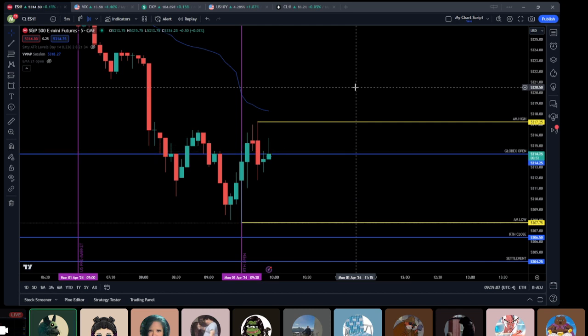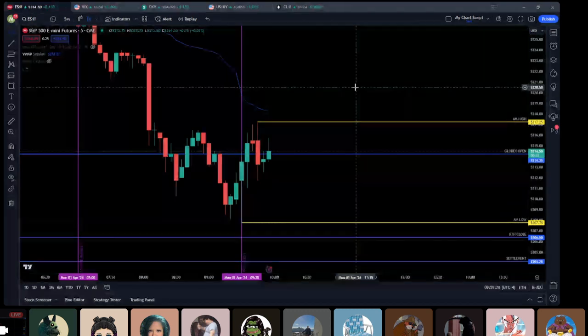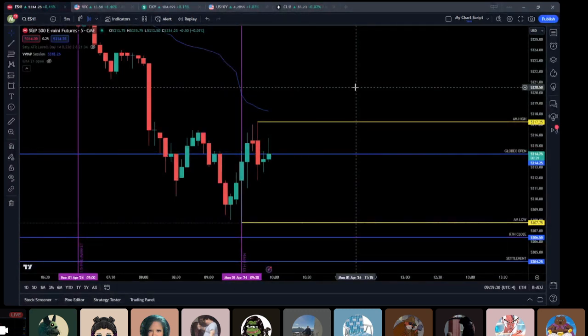This is a futures chart, but you can use any of these price levels or any of these indicators on any other index, on any other individual stock. You can even use it on crypto. Anything, if it's a candlestick chart, you can draw crayons on it just like this.